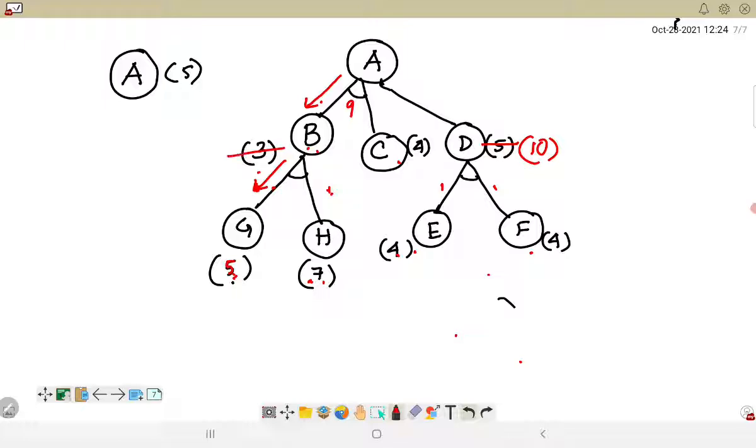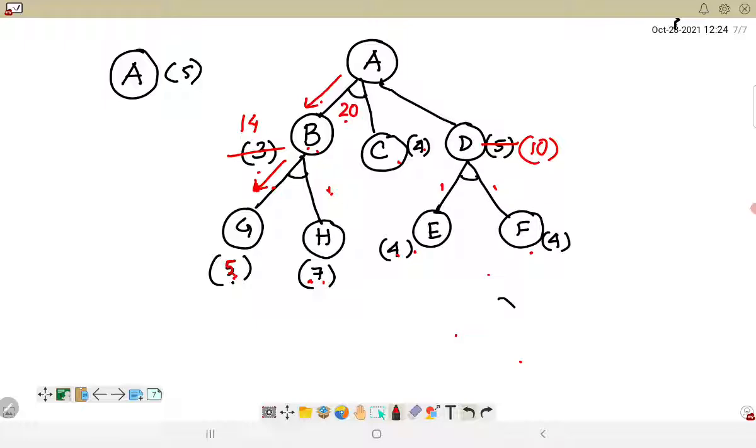So now this estimated value through B is basically 14, right? And then 14 plus 4 is 18. So the value which was initially 9 is now replaced with 14 plus 4 is 18, 19 and 20.